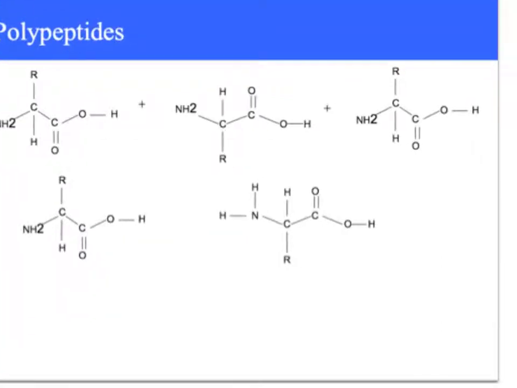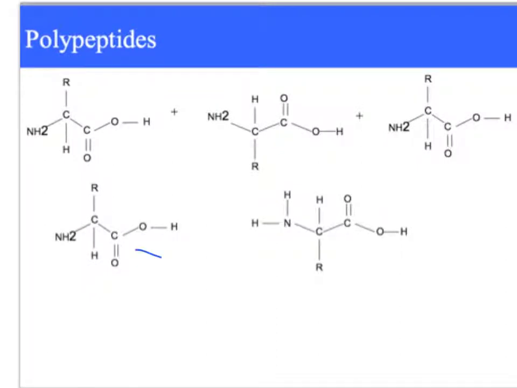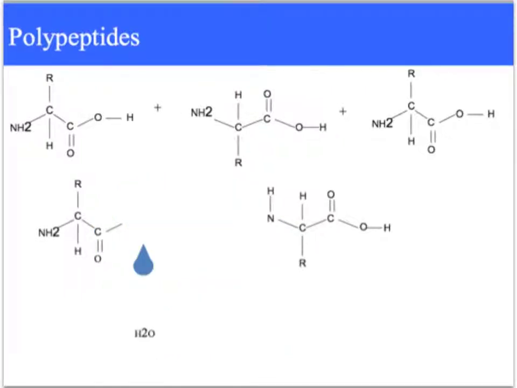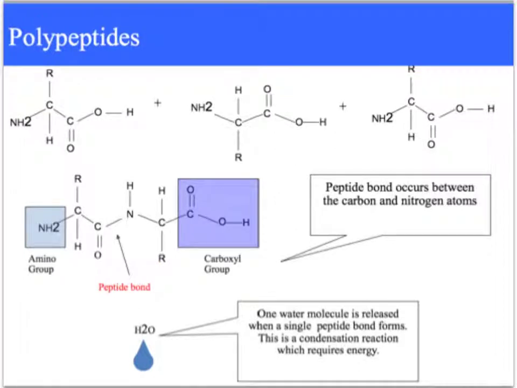Okay, so we know I've got two H's and one O, so automatically I think, okay, that's a water molecule, so chances are those guys are going to join together. And here we see the water molecule has been released. And now I've got a nice peptide bond. So a water molecule was released and where I had the carbon and the nitrogen, those guys have joined together. You don't need to know it's a carbon and a nitrogen joining. All you need to know is it's a peptide bond.